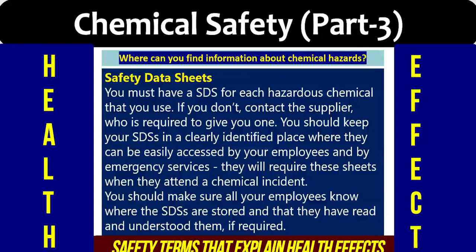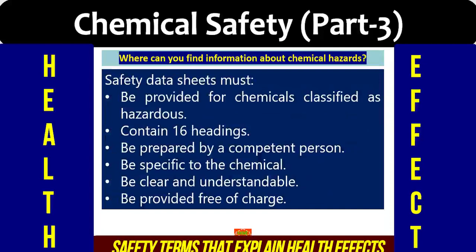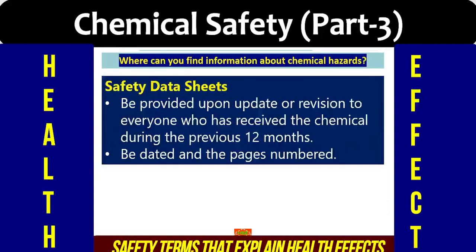You should make sure that all your employees know where the SDS are stored and that they have read and understood them if required. You also have to make sure safety data sheets are provided for chemicals classified as hazardous, contain 16 headings, be prepared by a competent person, be specific to the chemical, be clear and understandable, be provided free of charge, be provided upon update or revision to everyone who has received the chemical during the previous 12 months, and be dated and the pages numbered.